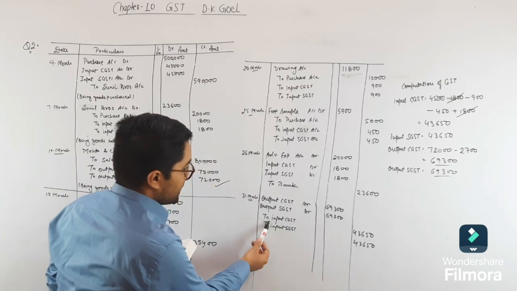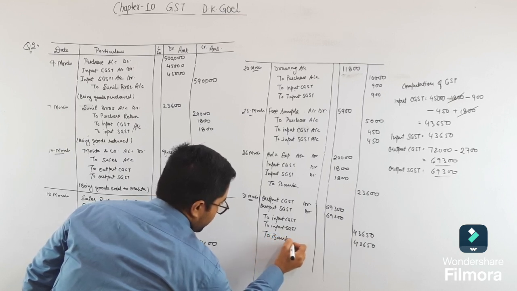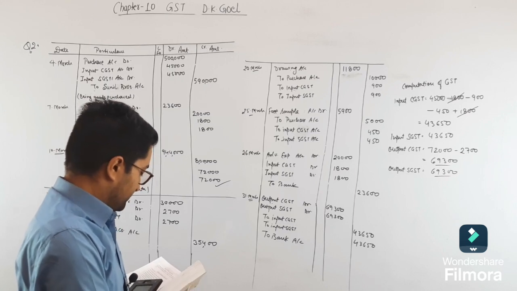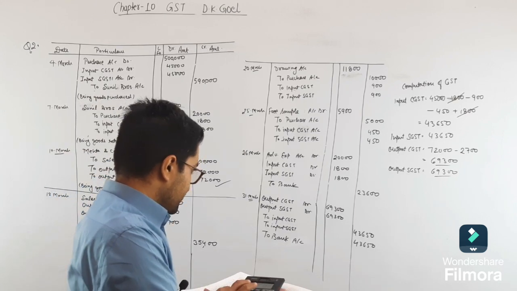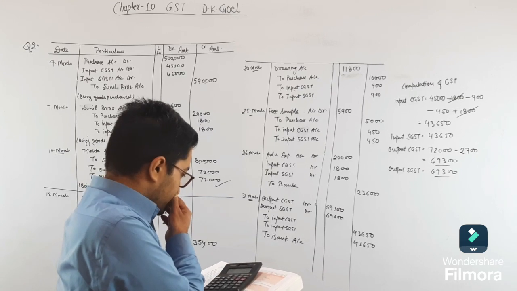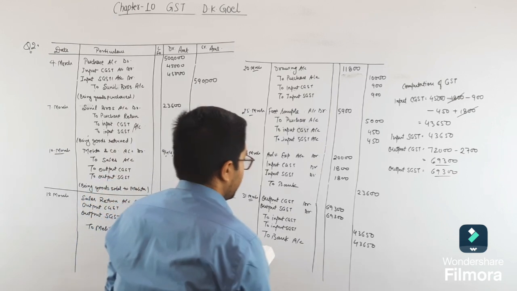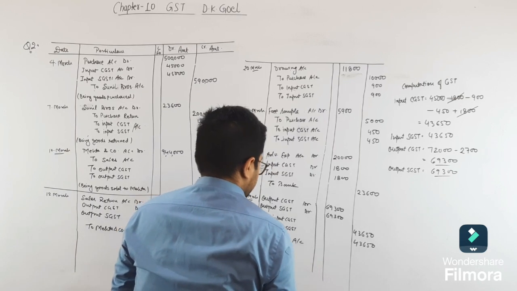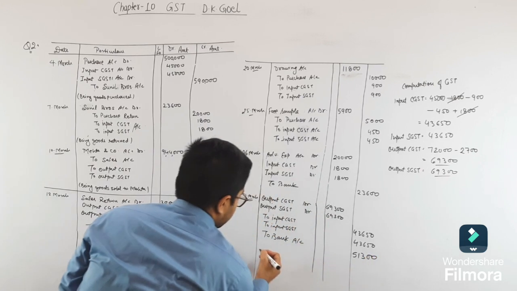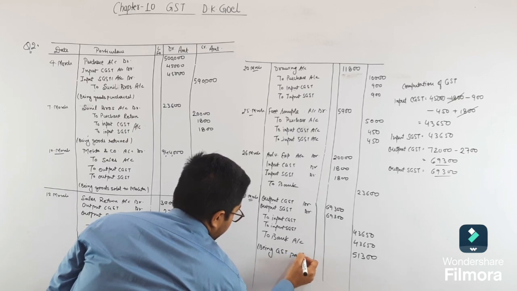Okay, this asset is set off against this liability, so the rest amount will be paid by the bank, to bank account. 69300 minus 43650 is 25650. Okay, clear. Being GST paid.